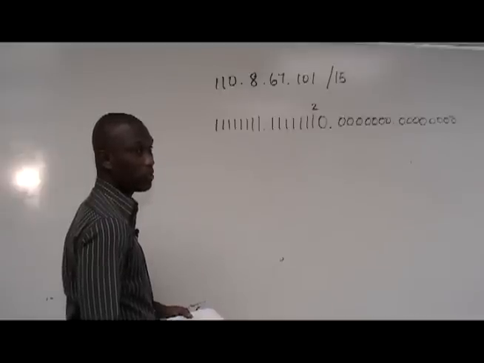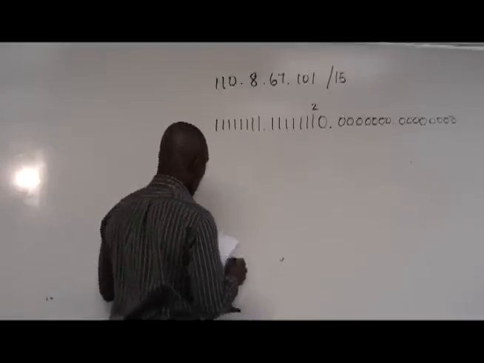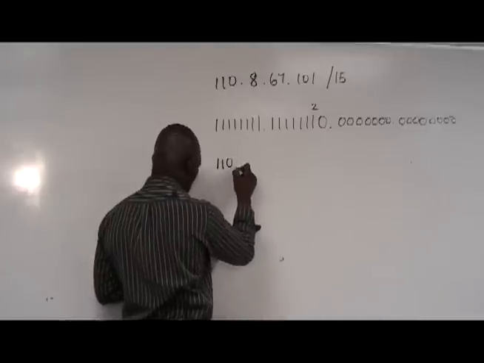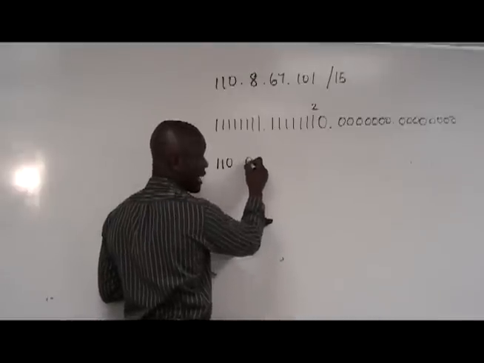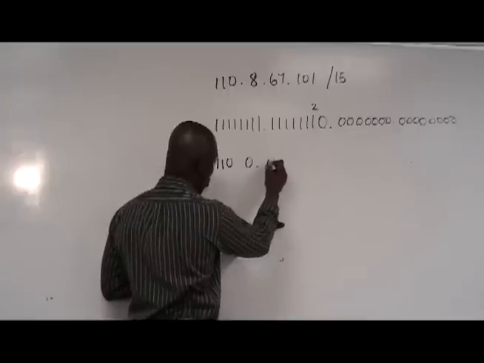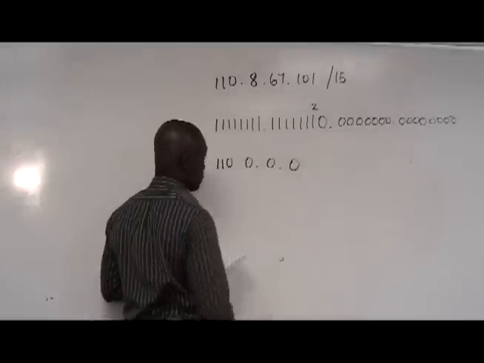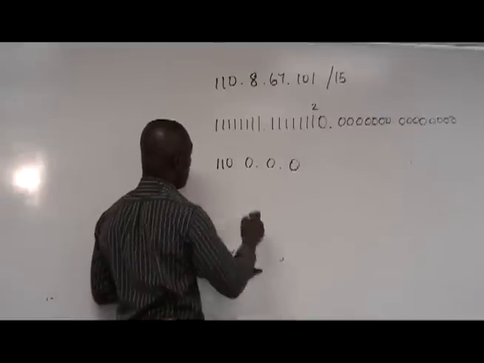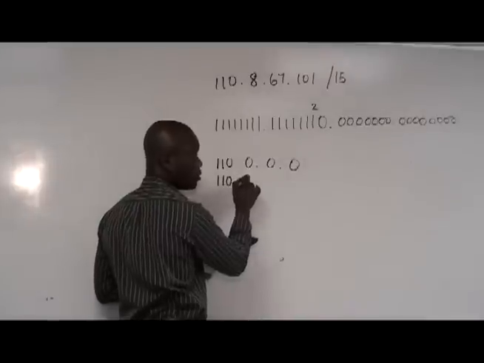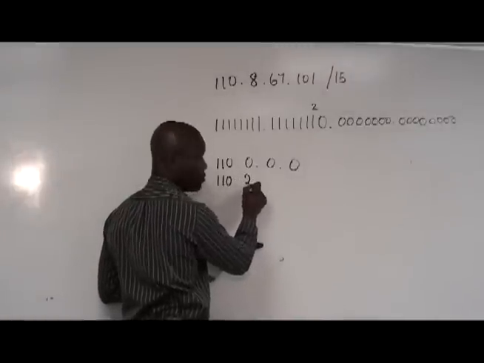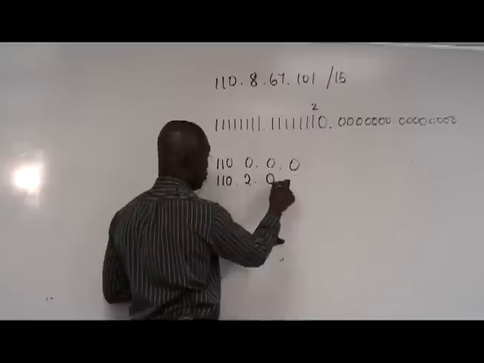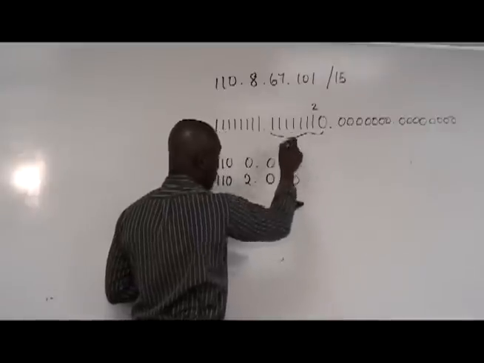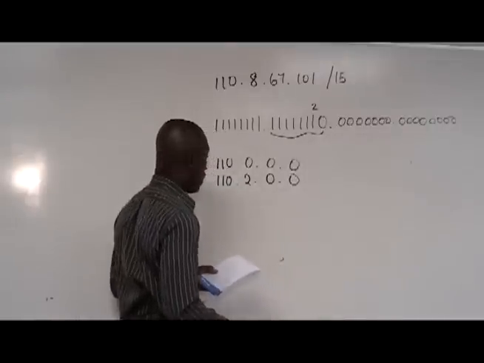Which one is this? Let's check out the networks now. So your first network would be 110.0.0.0, because it's class A. Your second network would be 110.2.0.0, because this is class A. Remember, this is the octet of interest here, the second one.